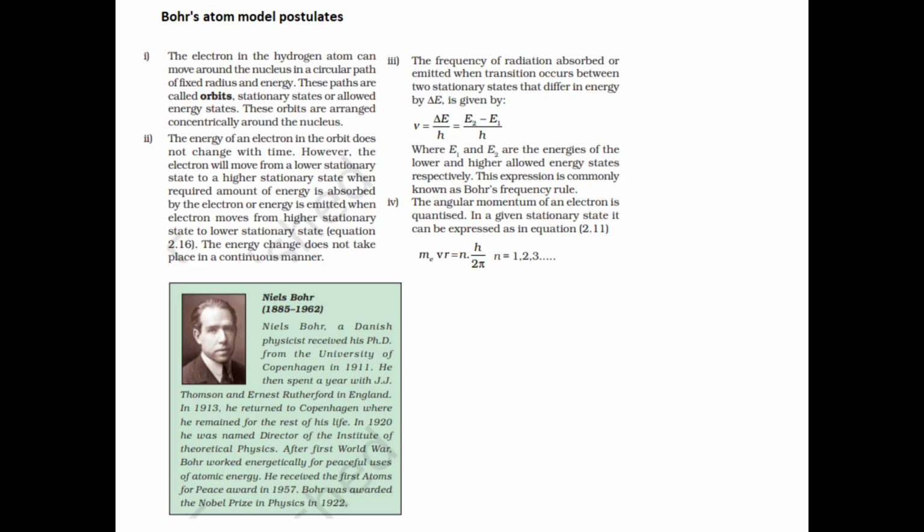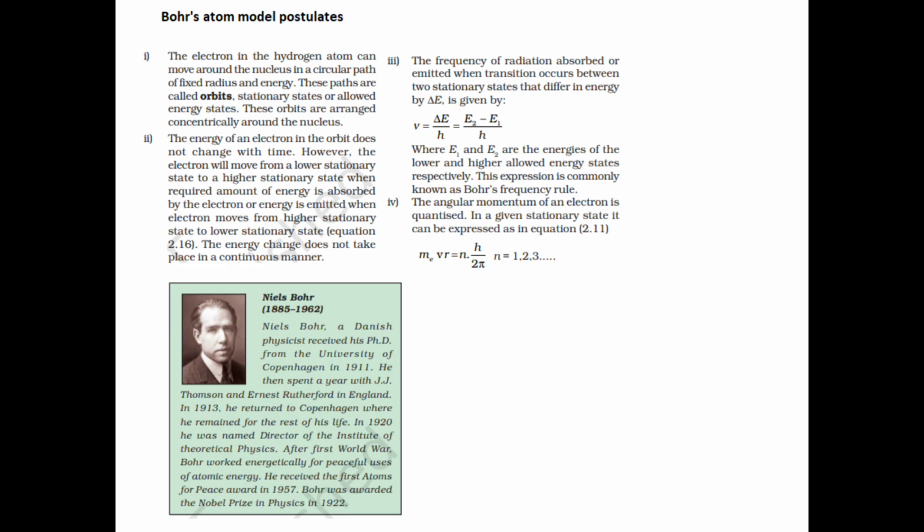Bohr's atom model postulates that the electron in the hydrogen atom can move around the nucleus in circular paths of fixed radius and energy. These paths are called orbits, stationary states or allowed energy states. These orbits are arranged concentrically around the nucleus. The energy of the electron in an orbit does not change with time.